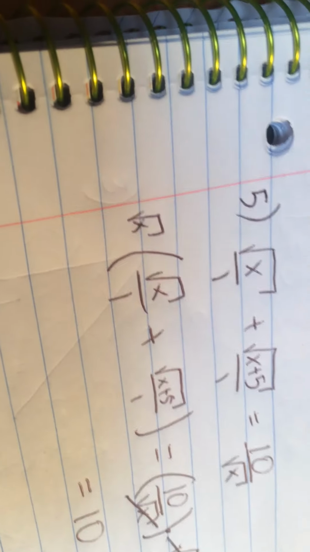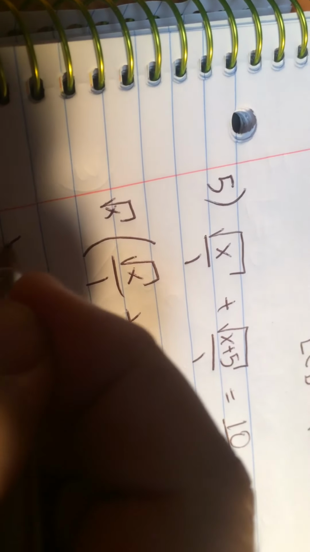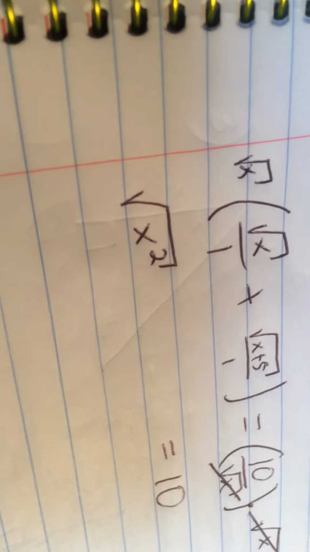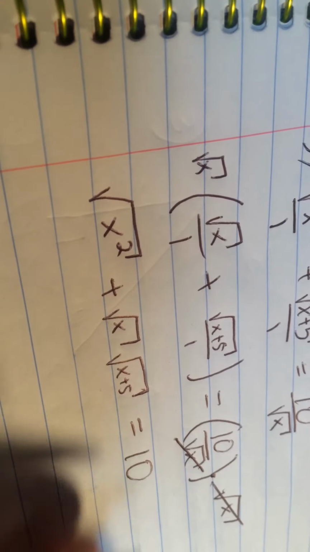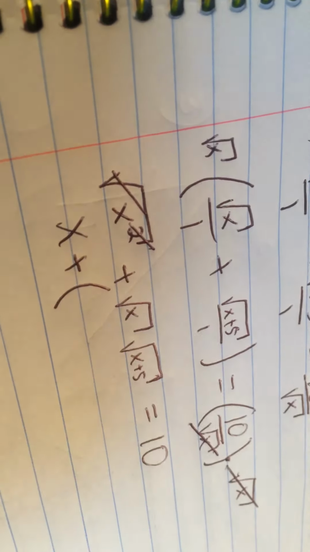Now what happens here? Square root of x times square root of x is going to give me square root of x to the square, and this one is going to give me the multiplication, square root of x times square root of x plus 5. This one we already know gets eliminated. So we have x plus these terms. Now let's put them in parentheses so that we can solve.